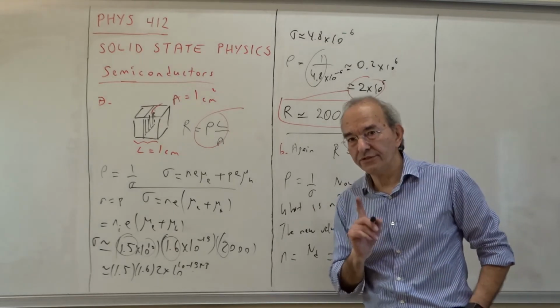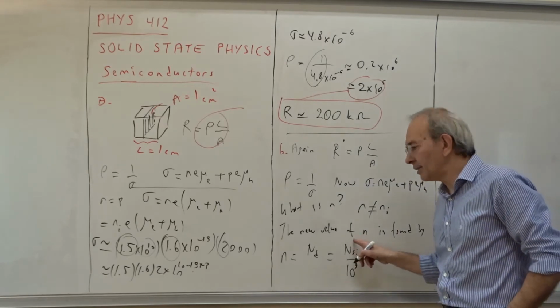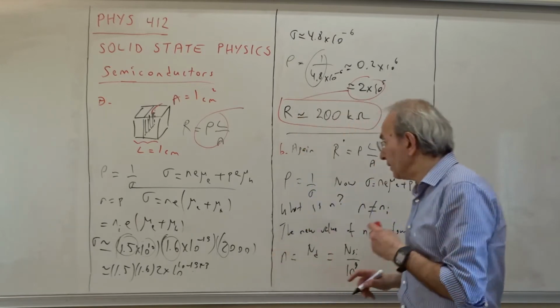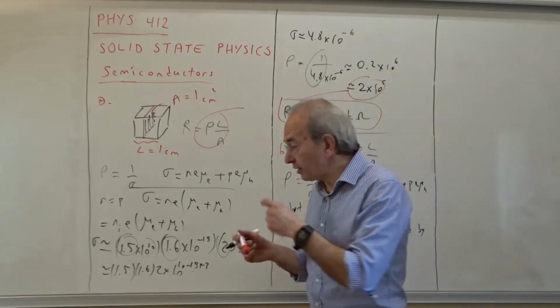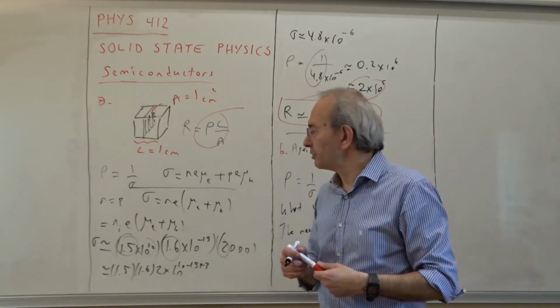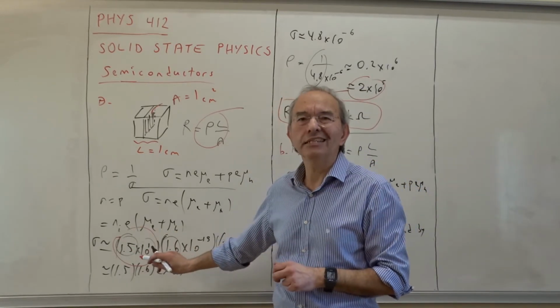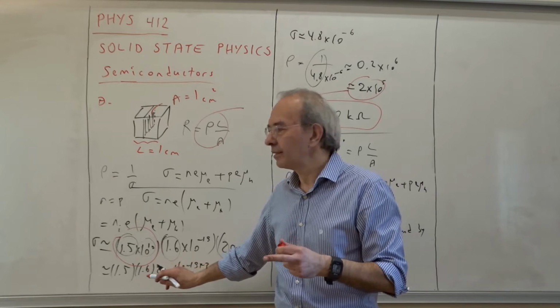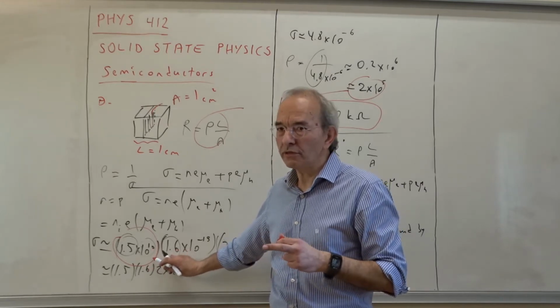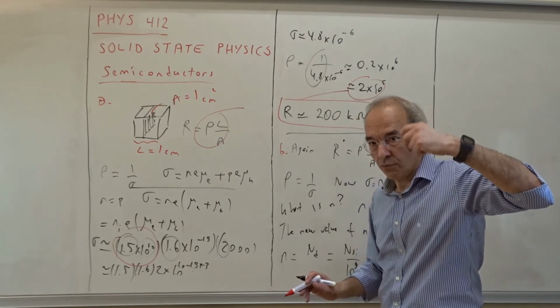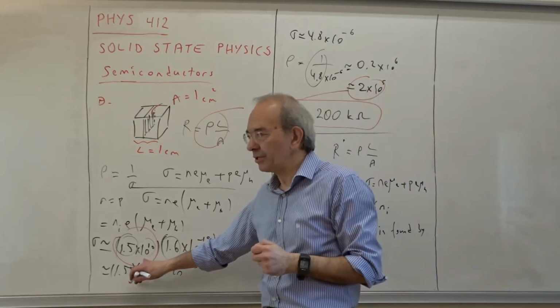Please try to see the difference between silicon atomic concentration and the intrinsic electrons. The intrinsic electron concentration, remember, is 10 to the 10, maybe 10 billion. A relatively small number, because the other is 10 to the 22, 1 trillion times greater.